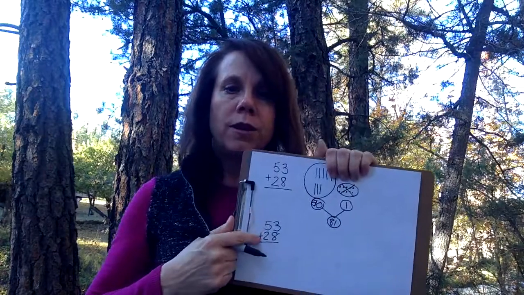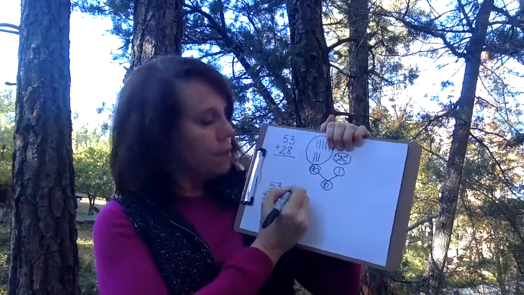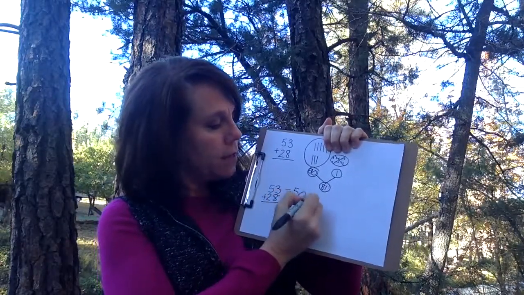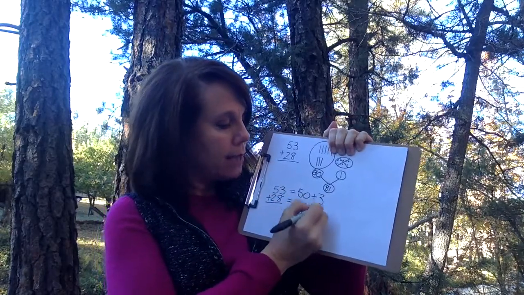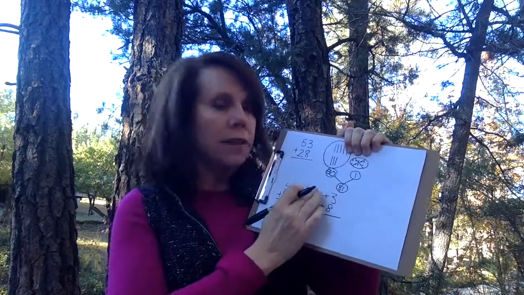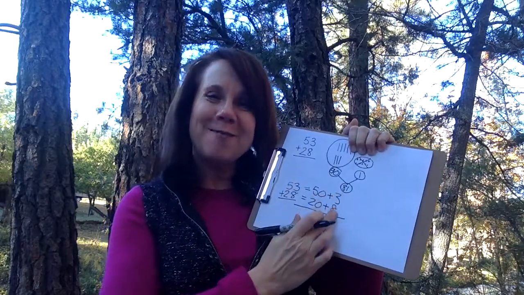Something else they can do is use a decomposing model. So here I'm going to write out 53 plus 28 again. But this time I'm going to decompose 53 into 50 plus 3 and 28 into 20 plus 8. And now I know the tens go with the tens and the ones go with the ones.